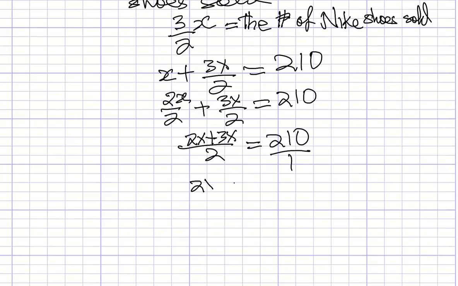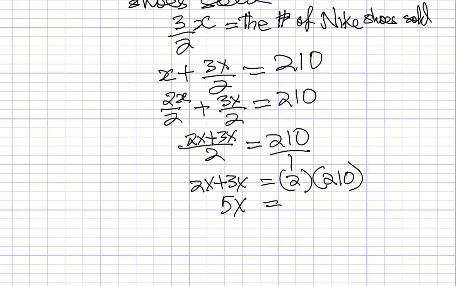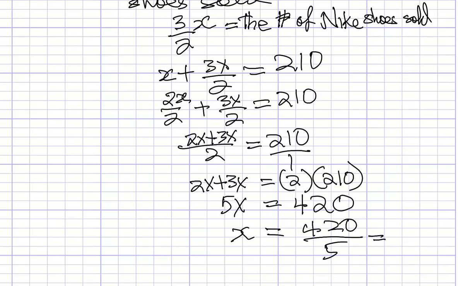We get 2x plus 3x equals 2 times 210. You combine, you work out those two sides, you get 5x equals 420. Then x equals 420 over 5, and that gives you 84.